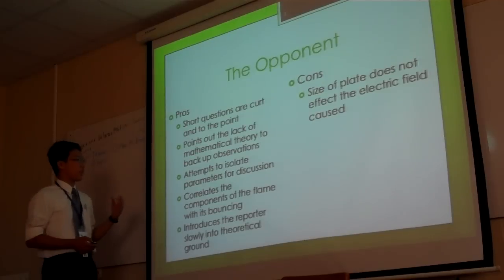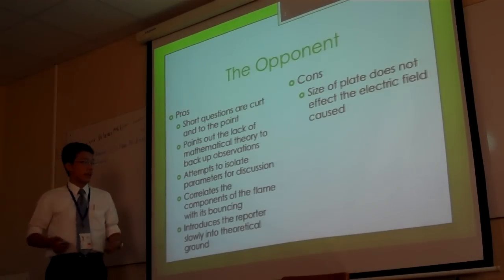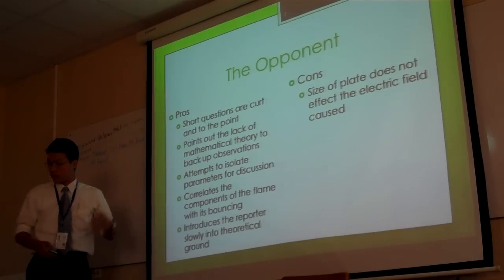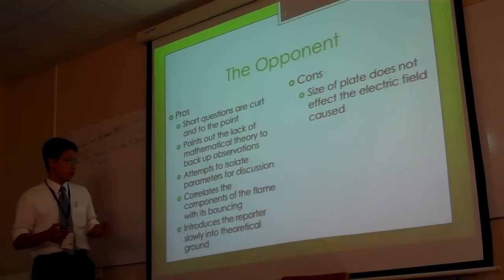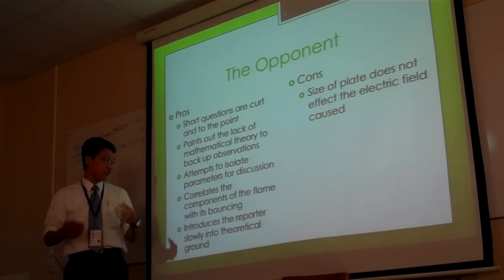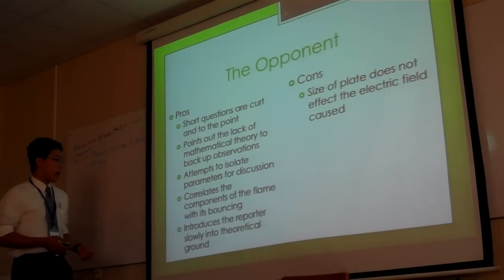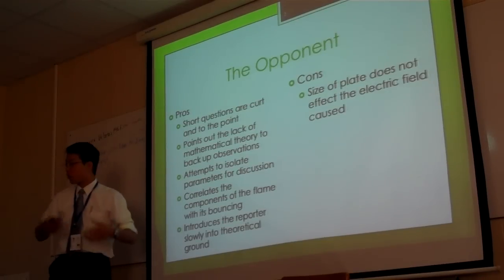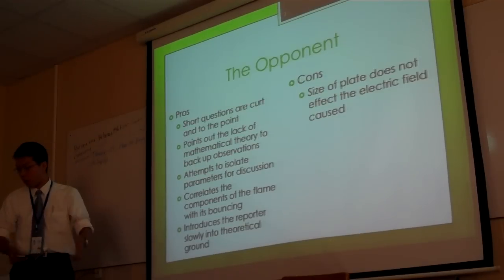And you point out the lack of mathematical theory to back up observations. You attempt to isolate parameters for discussion when you discuss them, and you correlate the components of the flame with its bouncing, which we were very happy to see. And in your discussion, you were continuously trying to introduce the reporter into theoretical ground, step by step.